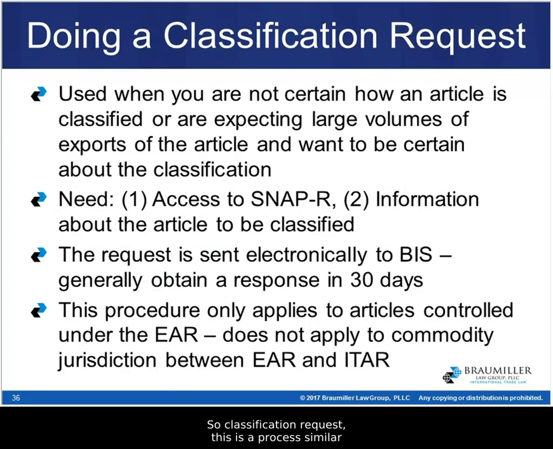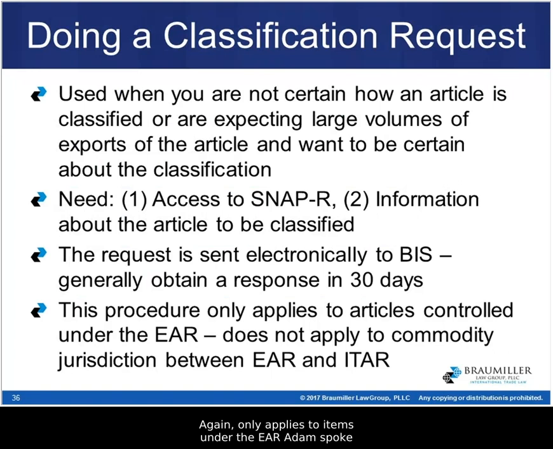So classification request, this is a process similar to under U.S. Customs, where you can obtain a ruling, and you use what's called SNAP-R, that's the acronym for the web portal that you upload your request to BIS. It's all done electronically, and you usually obtain a response within 30 days.